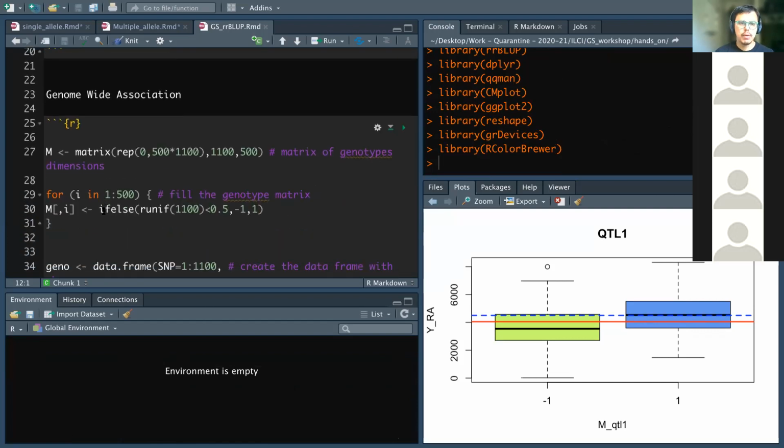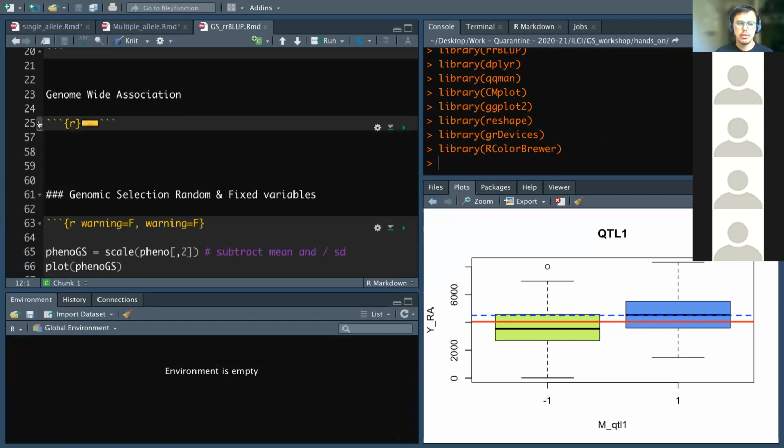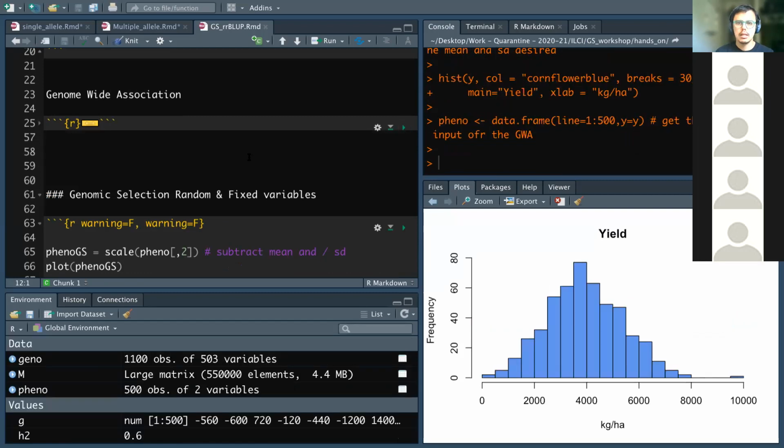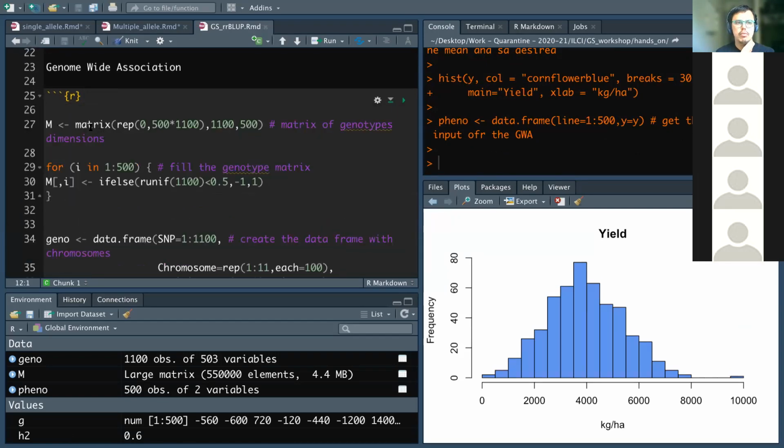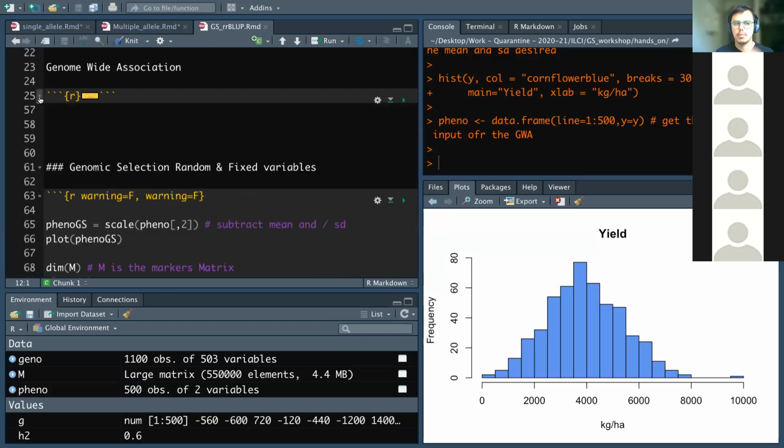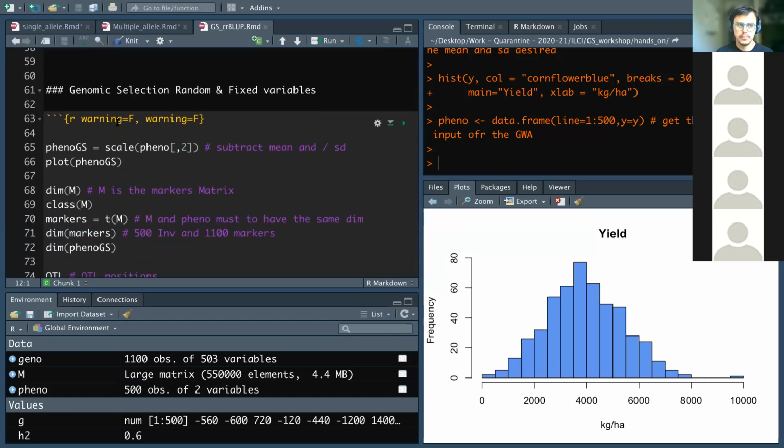And in this part, I have exactly the same code as in the previous script, and we are going to need that information because we are going to use the same genotype that we produced in the previous code to run the genomic selection models.